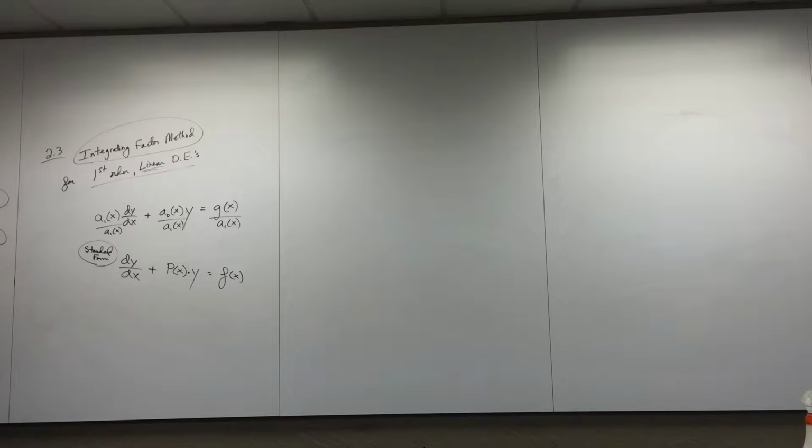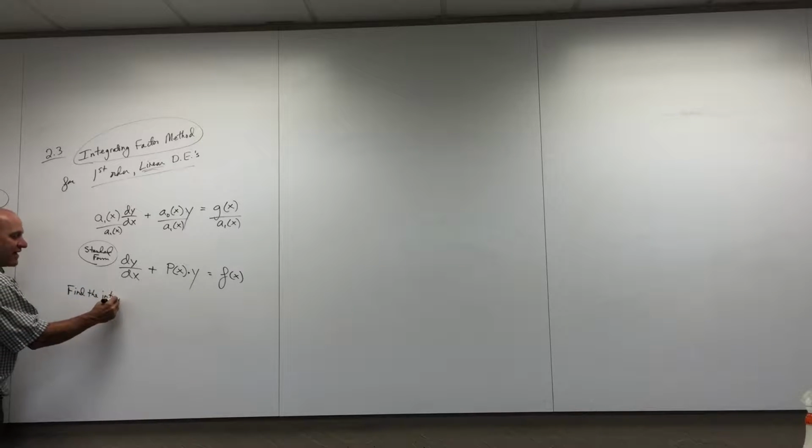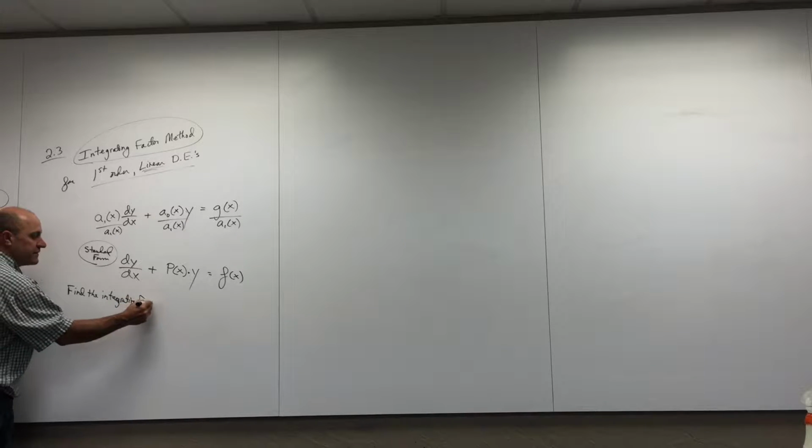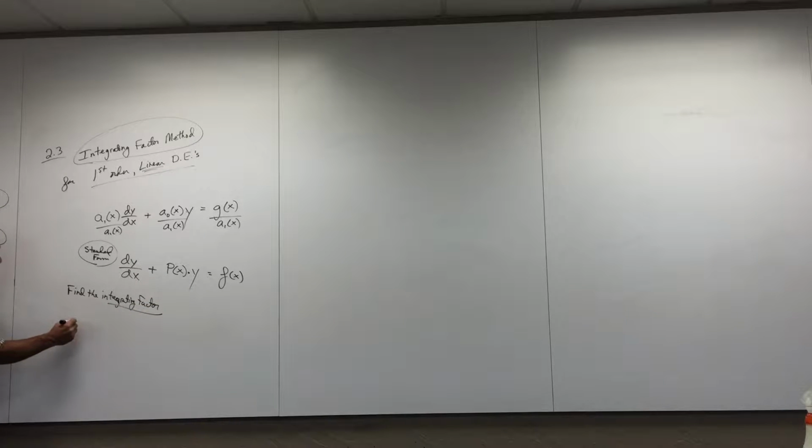The first thing you do is put it in standard form. Then the second thing you do is find the integrating factor. And the integrating factor is this funny thing. Check it out. The integrating factor is e raised to the integral of that p of x dx.